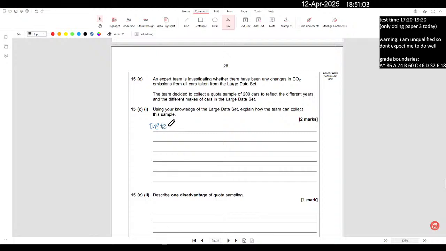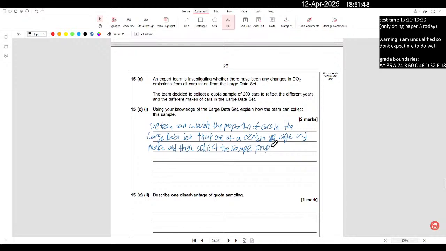I mean, I guess the team can calculate the proportion of cars in the large data set that are of a certain age and make, and then collect the sample proportionally to the calculated data.